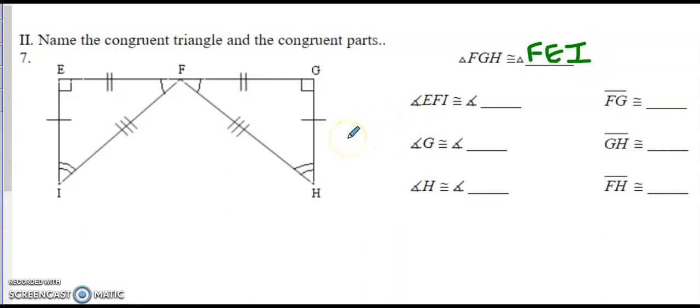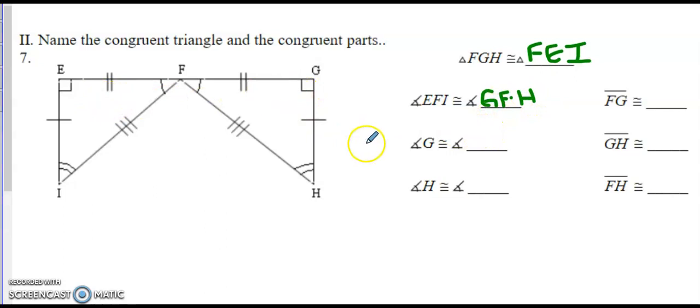Angle EFI: again, angle F has 3 letters, because there are 3 angles at F. So angle EFI and angle GFH would be the same. With angles, you can reverse the letters, so it could also say HFG.